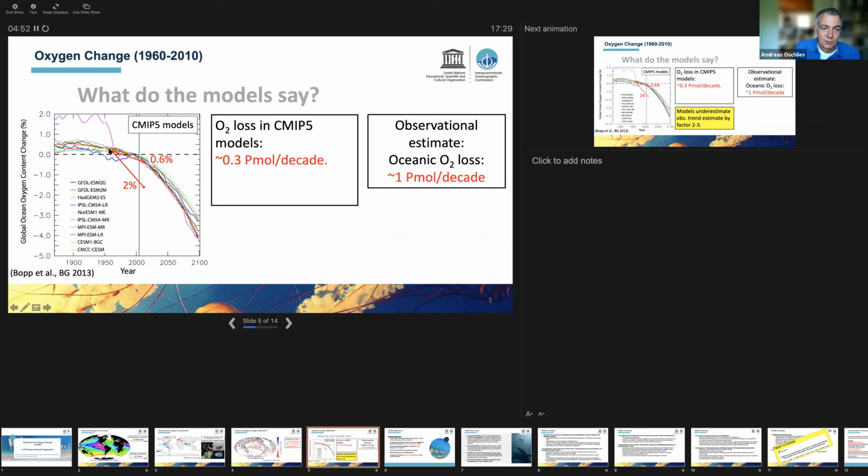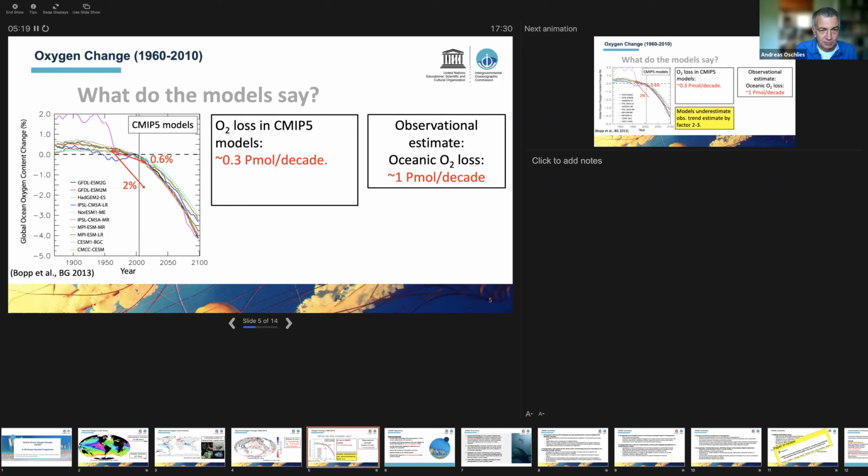So it's a 2 to 3 times lower rate of deoxygenation in current IPCC type models. This has been known for a few years now, and we and other groups have tried to improve models or bring models closer to observational estimates, and so far haven't had much success bringing both observational and model-based estimates into better agreement.